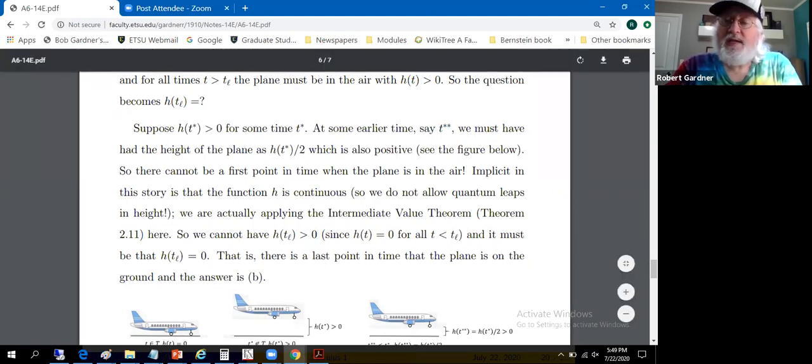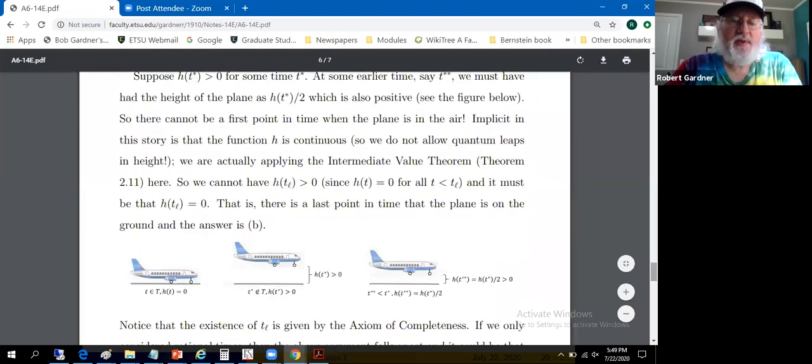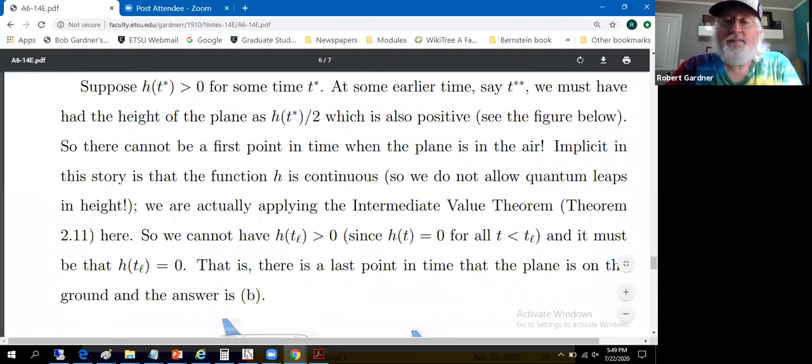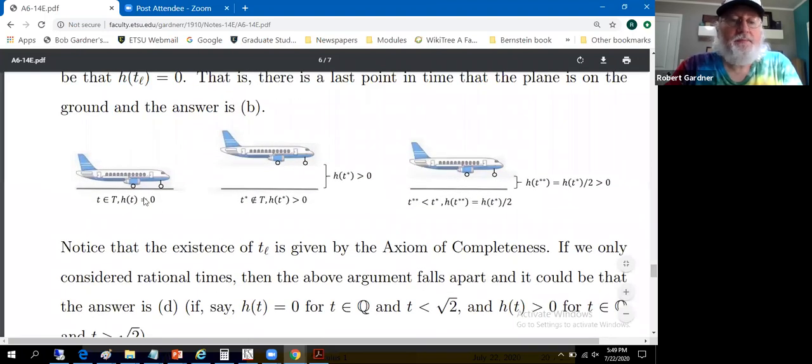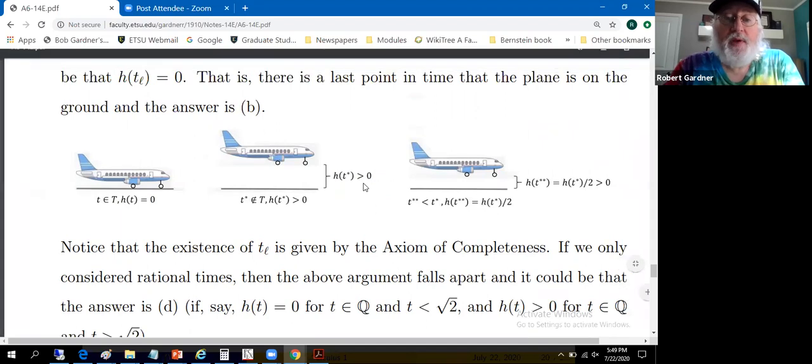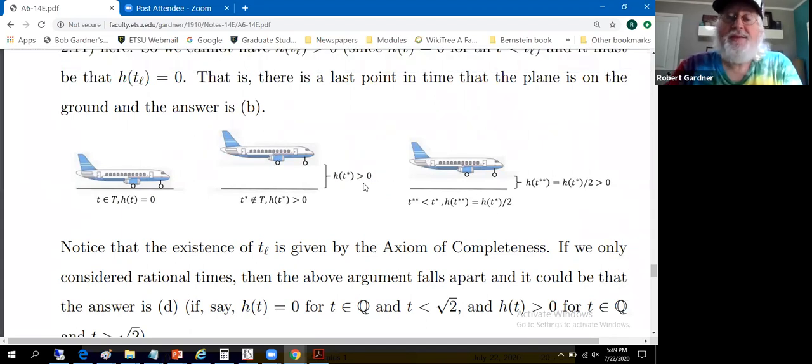So the story has become something like this. Make the picture bigger, not too big. The plane's on the ground. At some point in the future, it's in the air, and it has some positive height. Well, whatever that height is, earlier, T double star less than T star, the plane had to be half that high.